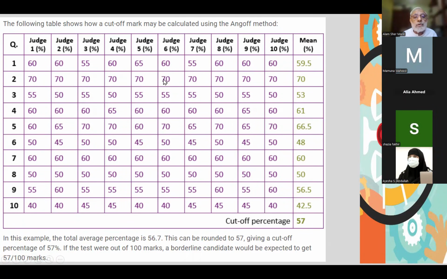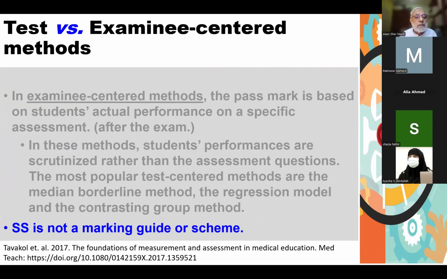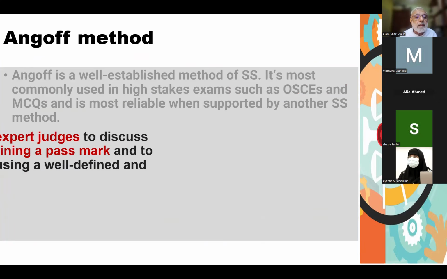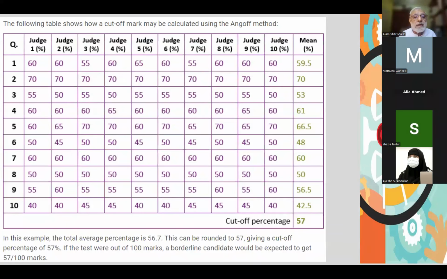The same process goes on for each question, and then we get a mean of these 10 questions. So in this example, the cutoff percentage would be 57.